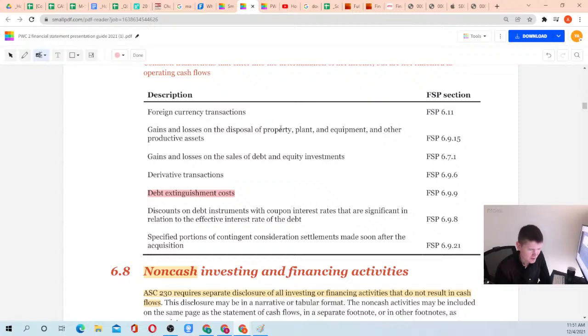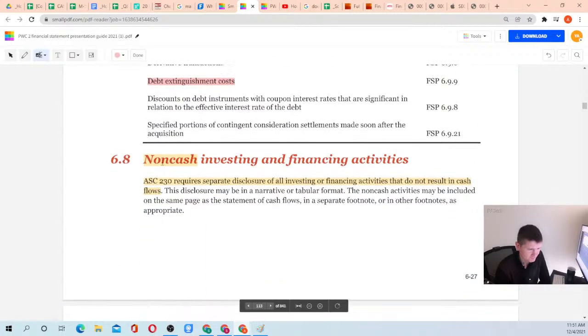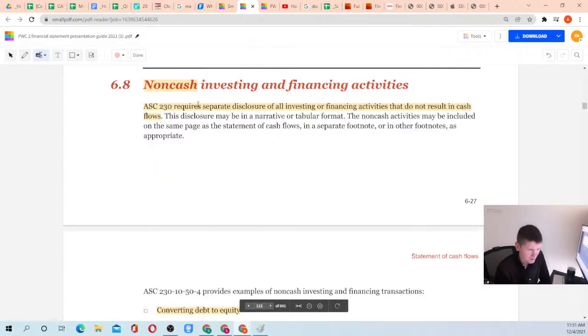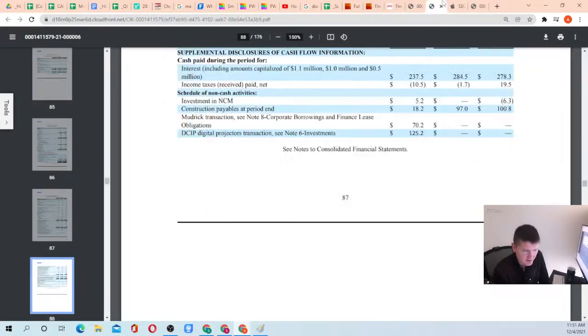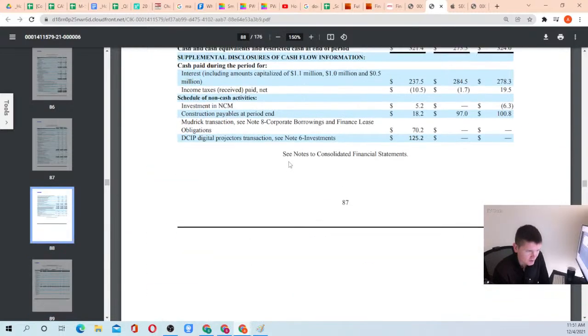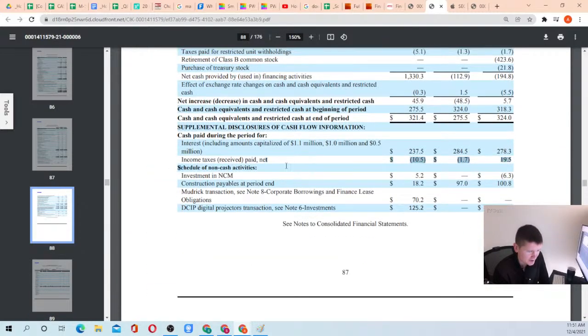Gains and losses on the disposal of property are investing activities. Non-cash investing and financing activities. ASC 230 requires a separate disclosure of all investing or financing activities that do not result in cash flows. And if you remember, for AMC, we got this here, non-cash activities.